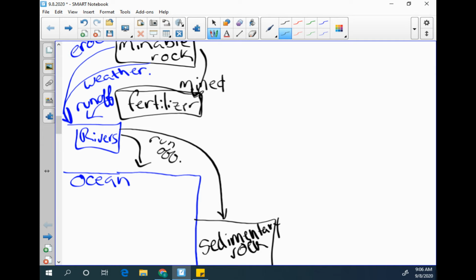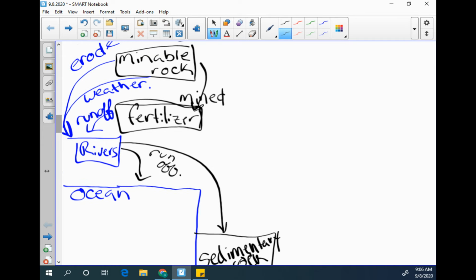Then there is a process called uplift. That process of uplift brings that sedimentary rock up to where we can reach it. The rock that's underneath the crust of the earth is constantly moving. It's still solid, not liquid, but it's kind of like moon sand. Have you ever played with moon sand?